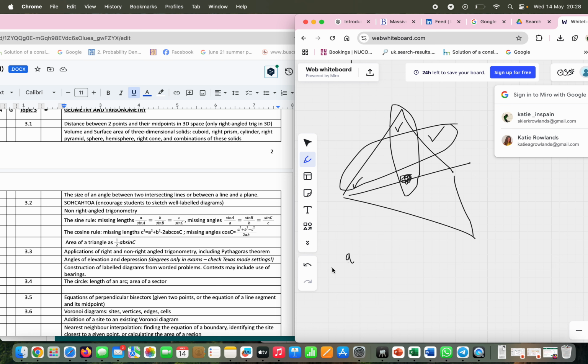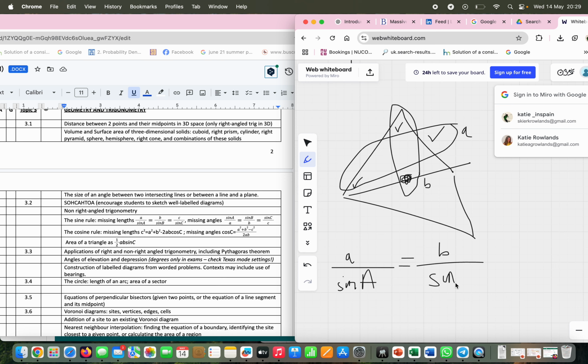So it would be a over sine of A equals b over sine of B, with this being a and this next side being b.